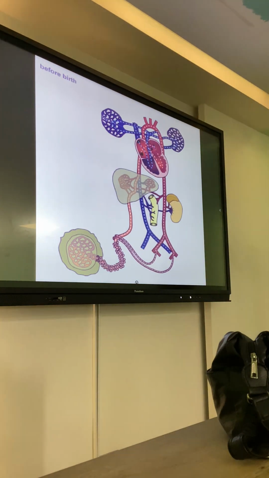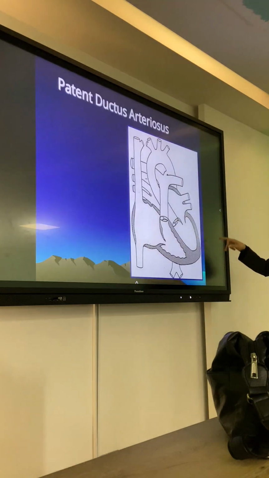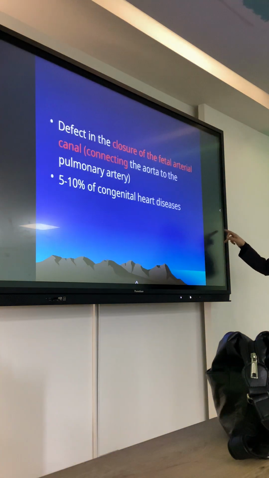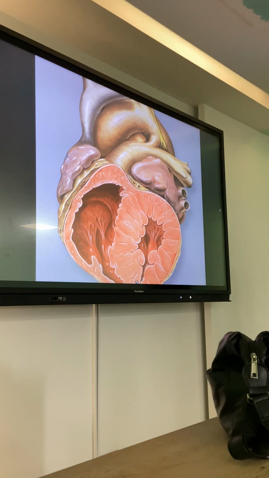Is it clear? Yes. PDA between aorta and pulmonary artery. And the treatment was like, what the name of the drugs? Indomethacin in IV form. We didn't have in Iran. Maybe you have in Basra. If it is, inject as soon as possible to the neonates for closing the PDA.